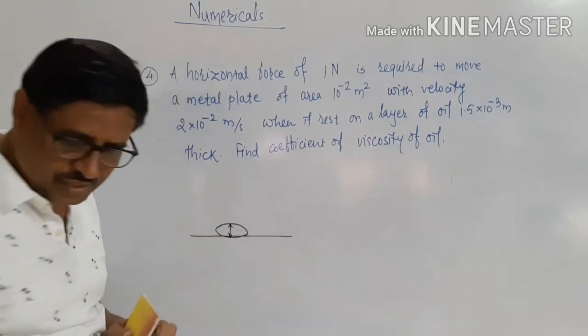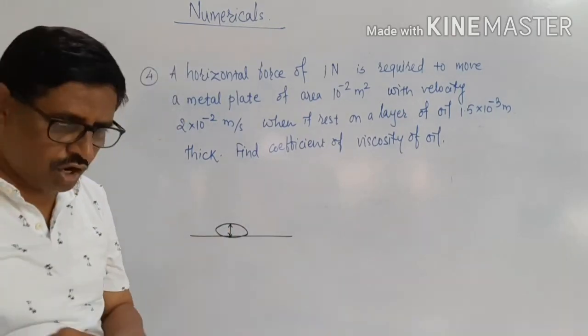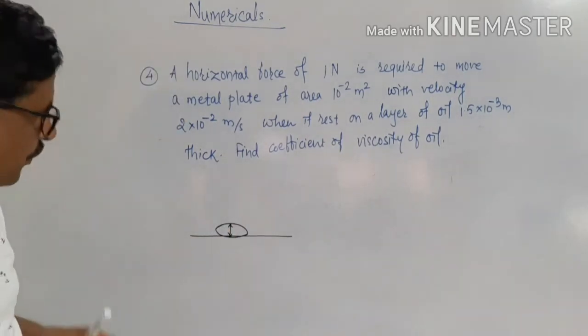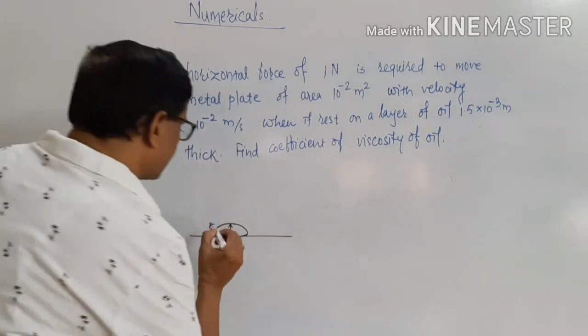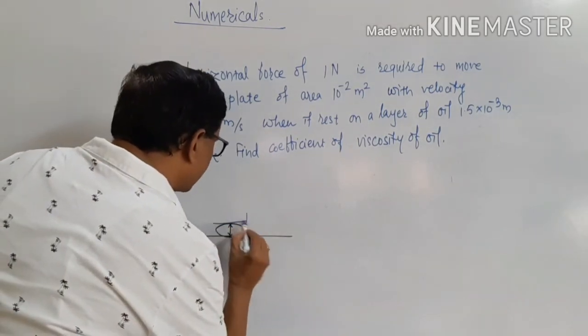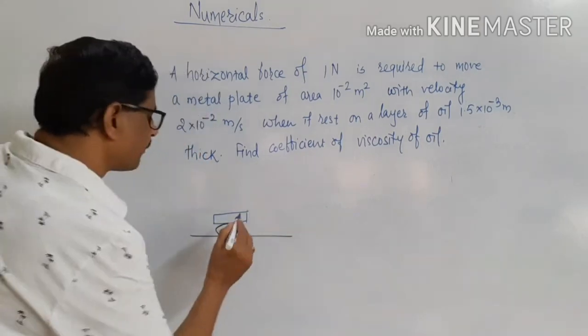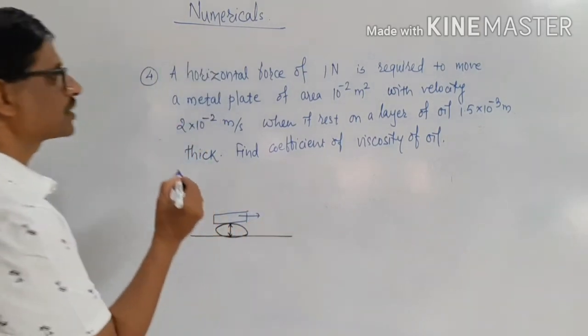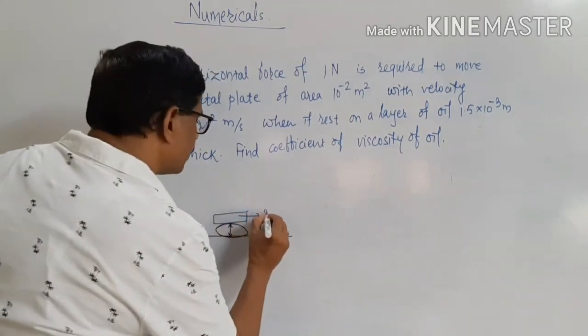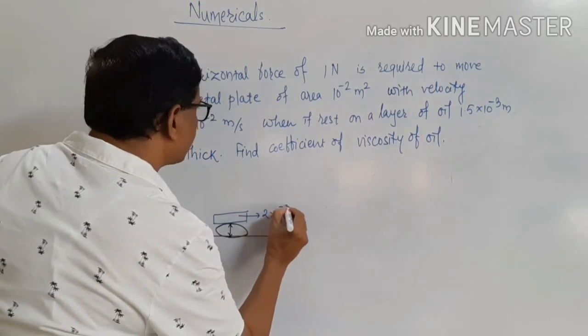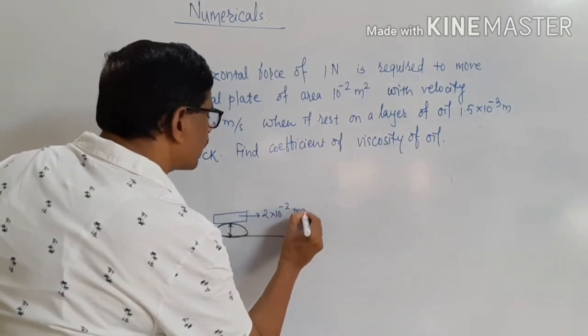And on this oil drop, we have another metal plate. This is another metal plate. It has to move on this one with a velocity of 2 into 10 to the power of minus 2 meter per second.